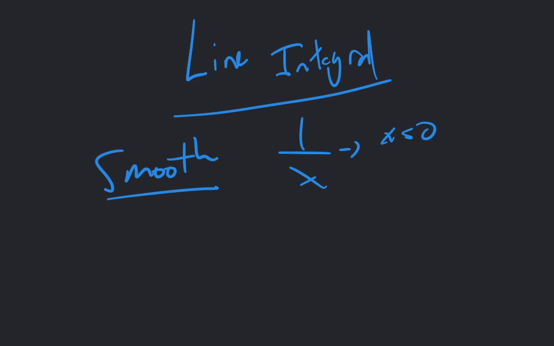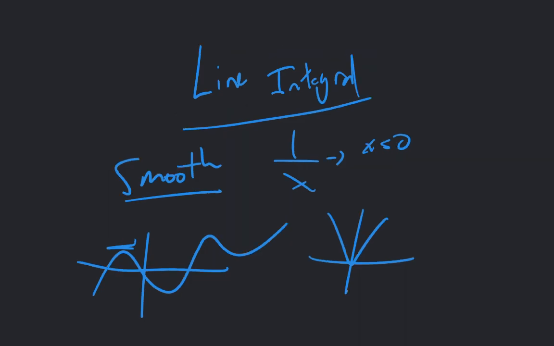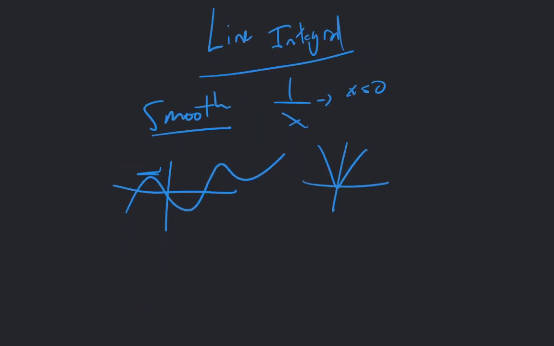You can't really take the derivative of that at that point because it's undefined. So it has to be continuously differentiable. Basically you have to have it continuous and differentiable, so you can't have anything like an absolute value or any jumps in the curve.